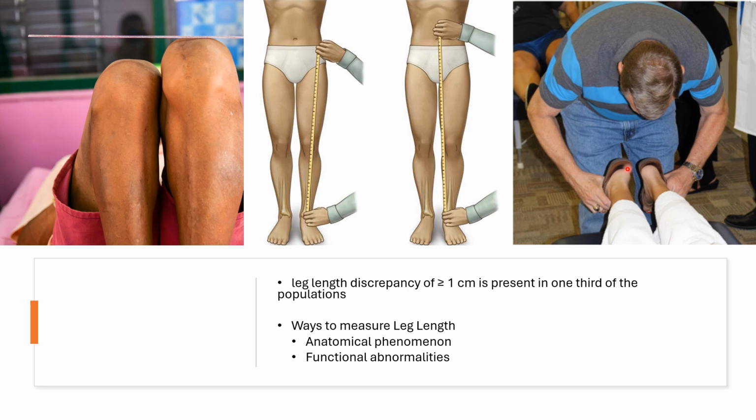So it is important what the cause of the leg length discrepancy is. If it is functional, in this case right here, then it is very important to find out how to deal with the issue.